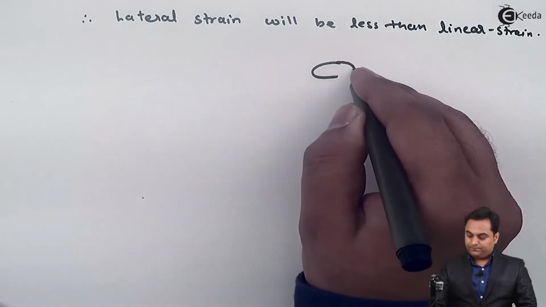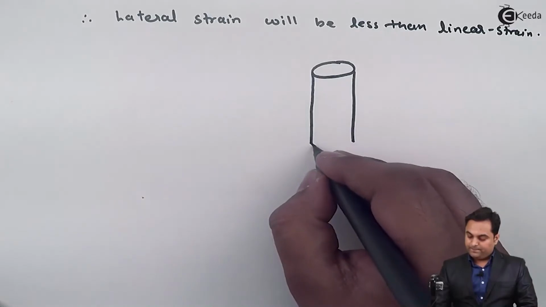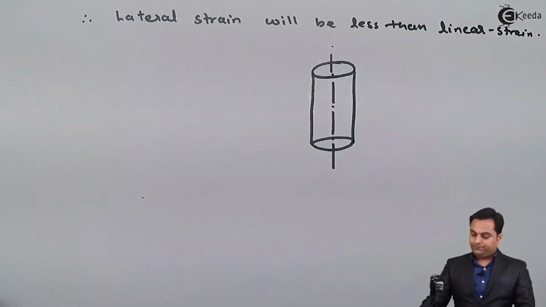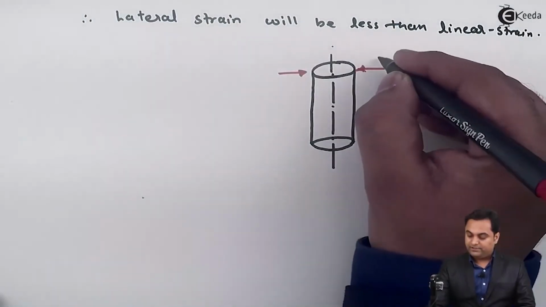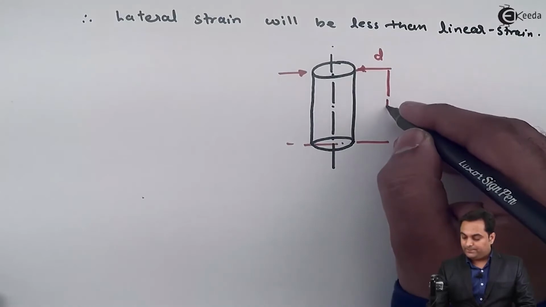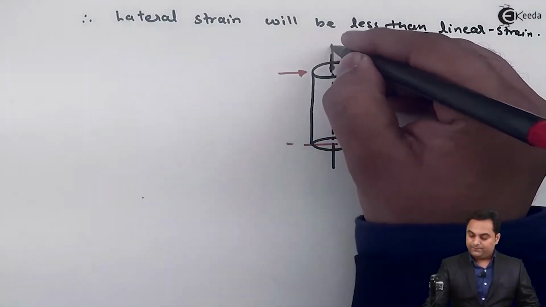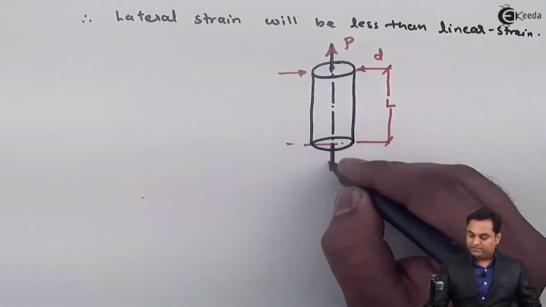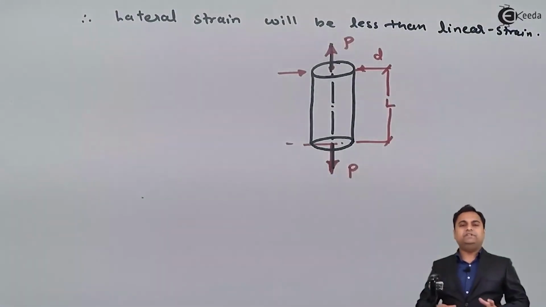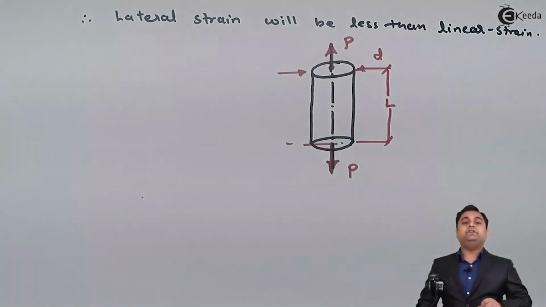And here I can explain the concept of Poisson's ratio with the help of a diagram in which we have a rod having diameter d and its length L. So here we have a rod whose diameter is denoted by d and whose length is L. Now, over this rod, if we are applying pull type of load on both the sides, because of the action of this pull type of load, the length will increase, but the diameter will go on decreasing.